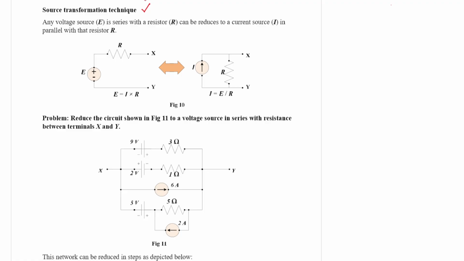Now this technique is all about if we have a voltage source, E, in series with a resistance R, and the rest of the network, it's irrespective, it does not matter.